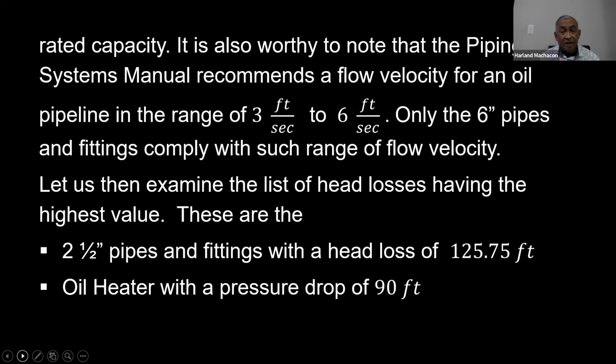Let us then examine our list and our tabulation of the head losses and see which of these has the highest value. These are, number one, the 2.5-inch pipes and fittings with a head loss of 125.75. And of course, we have the oil heater with a pressure drop of 90 feet.